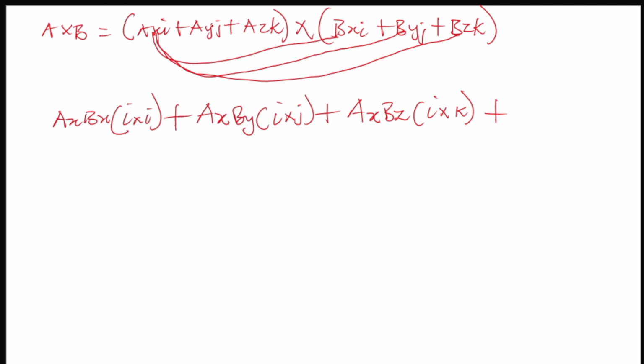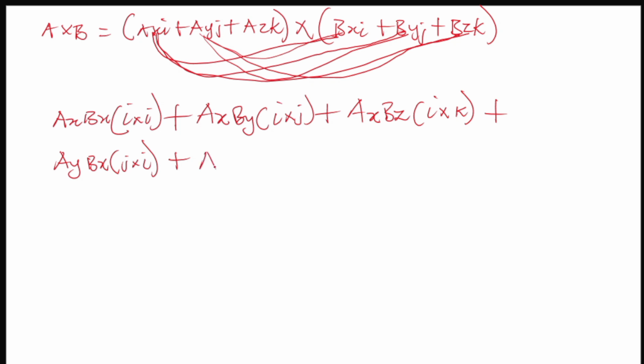The next thing is to move over to the next parameter here, which is AYJ. Apply the same concept. So you are using this to multiply this, you are using this to also multiply this, and you're also using this to multiply what you have here. If you do that, you simply have AY, BX, but in this case, you now have J cross I. Plus, we are using this to multiply what we have here.